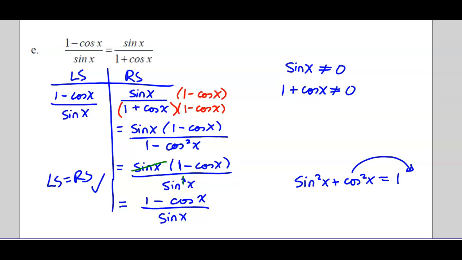So that's what we're working with. So, when is sine 0? There and there. So continuing with this, that means cos x cannot be negative 1. For that, when is cos negative 1? Here.